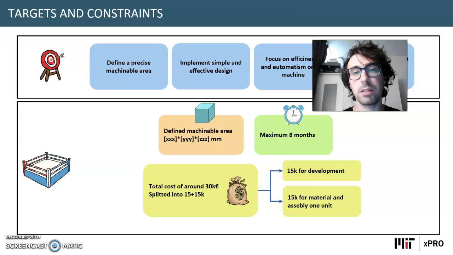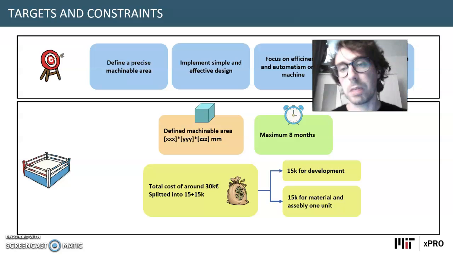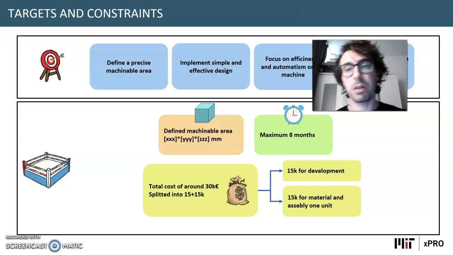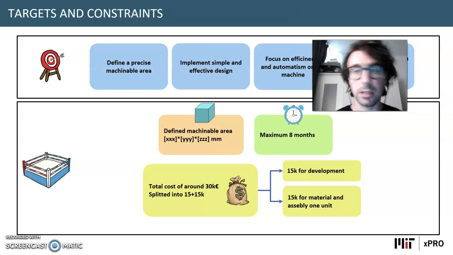Then we have to design the machine with the most simple design that exists. We have to be focused on the efficiency of the machine, and the machine has to be totally automatic. So there should not be someone who has to follow the machine during the shift or during the night.